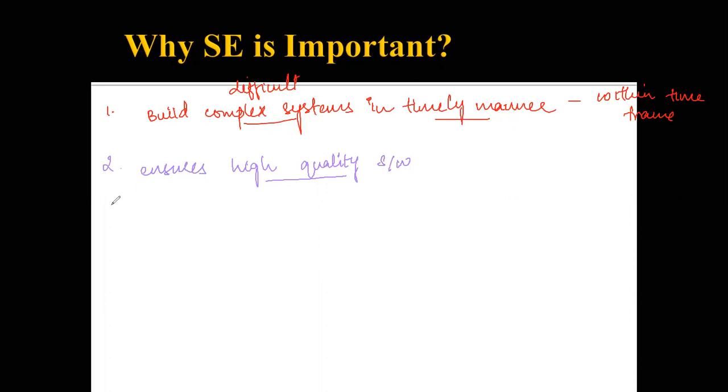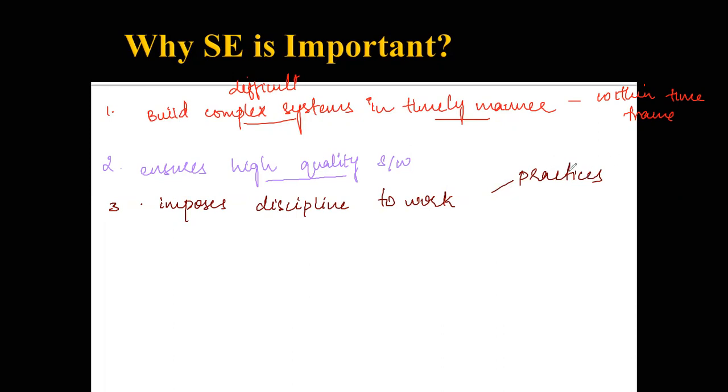Then the third point is, the study of software engineering is important because it imposes discipline to work. Discipline to work means in here in software engineering, we are studying the different practices that you're going to follow, or you can say the different tasks or activities that you're going to follow.